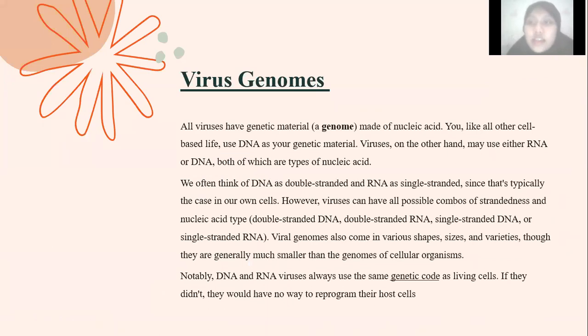Okay, the next is the virus genome. All viruses have genetic material, or genome, made of nucleic acid. You, like all other cell-based life, use DNA as your genetic material. Viruses, on the other hand, may use either RNA or DNA, both of which are types of nucleic acid. We often think of DNA as double-stranded and RNA as single-stranded, since that's typically the case in our own cells.